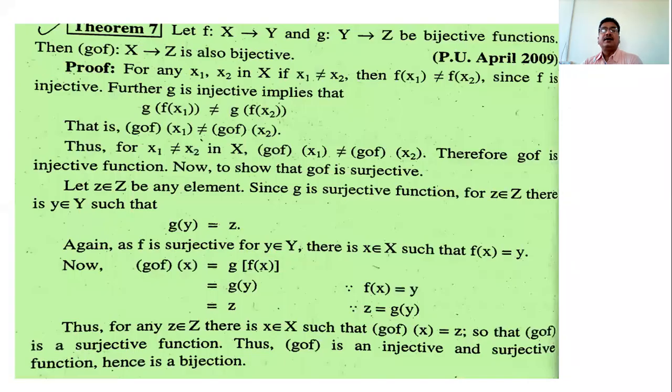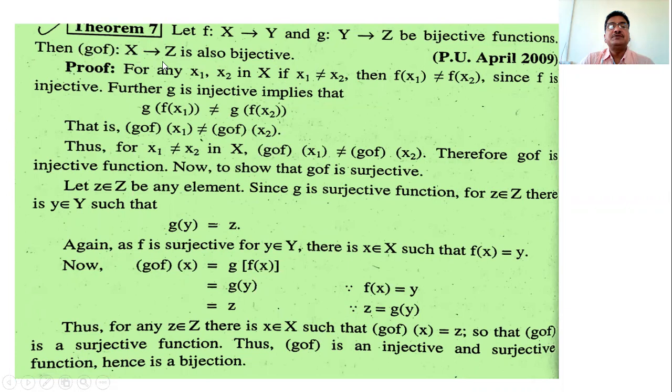So one more theorem on this topic: let F from X to Y and G from Y to Z be bijective functions. Then show that their composition, G circle F from X to Z, is also bijective. That is what is given. The functions F and G are bijective, and we have to show that the composition G circle F from X to Z is bijective.